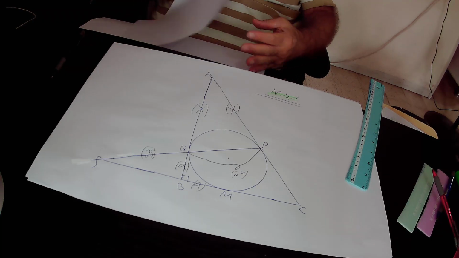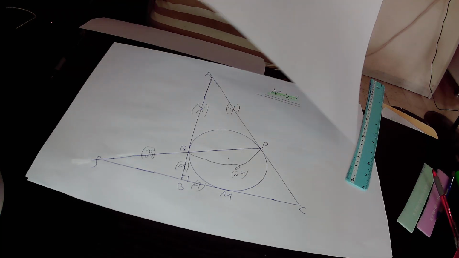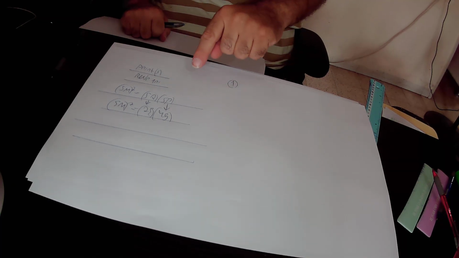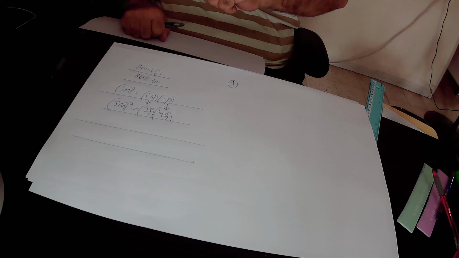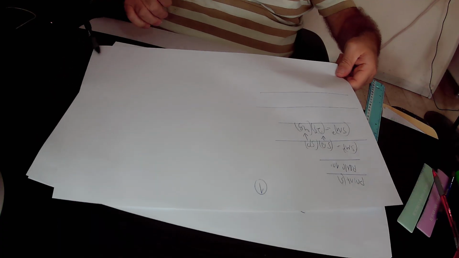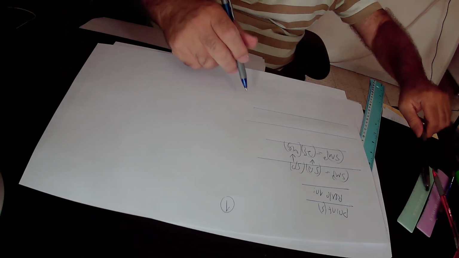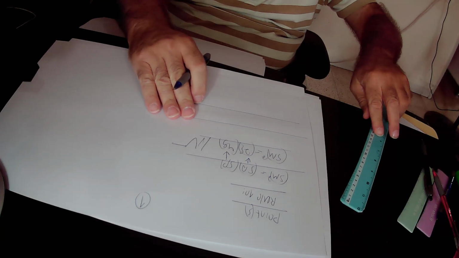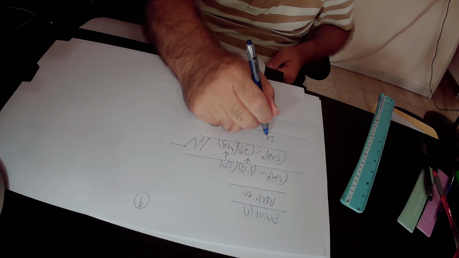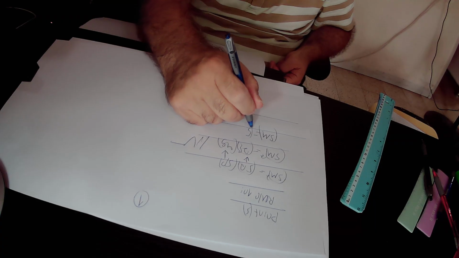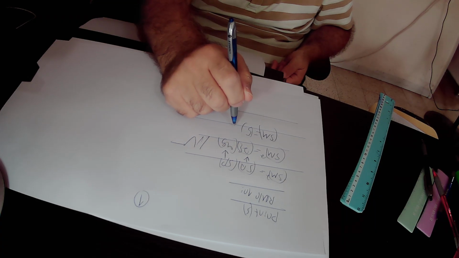And again, in total, we found that SM squared equals SQ, that is 25, times SP, that is 49. So here we'll take the root of this equation. And finally, we get that SM equals the square root of 25, which is 5, times the square root of 49, which is 7.